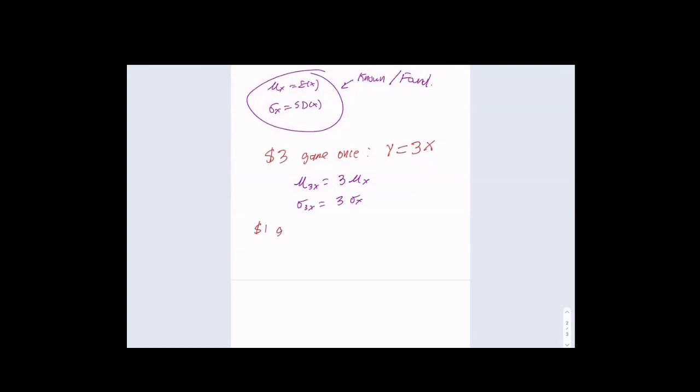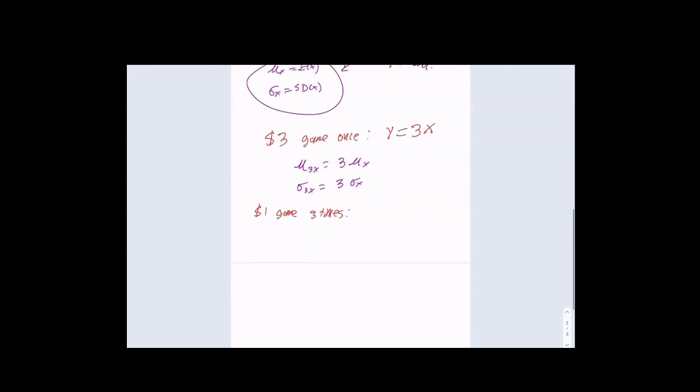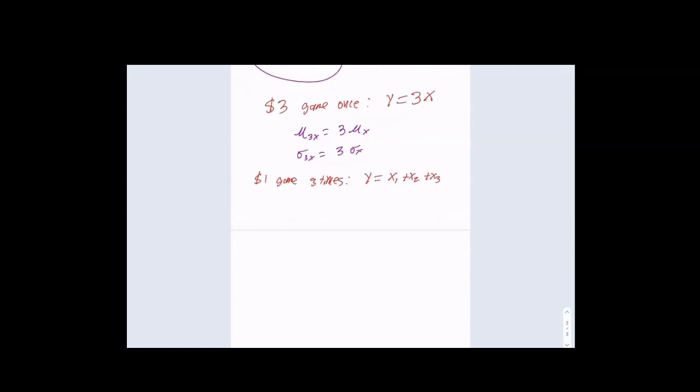Winning $1 three times is the idea that they're separate. In this case, we say y is equal to x1 plus x2 plus x3. And you're saying, well, why isn't that just 3x? It's because each game is independent of the other. Each outcome does not depend on the previous outcome.